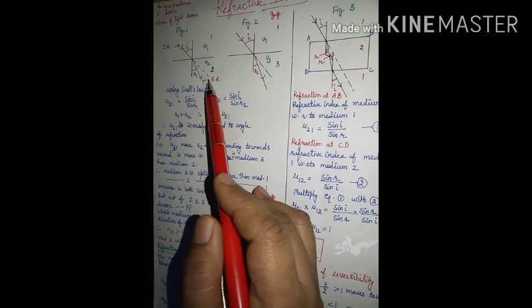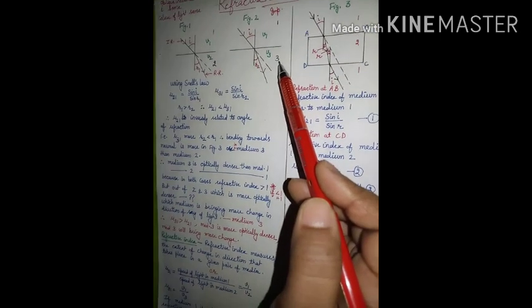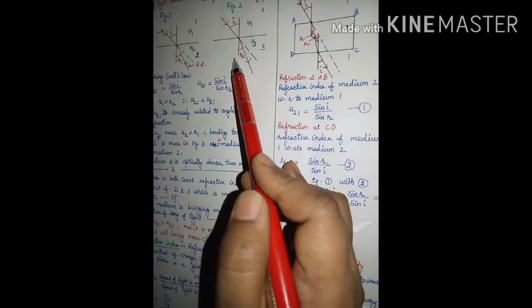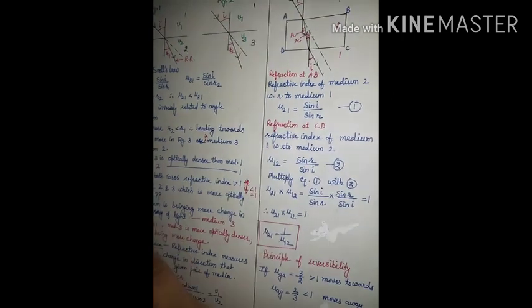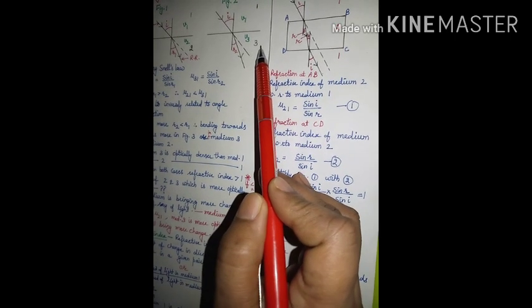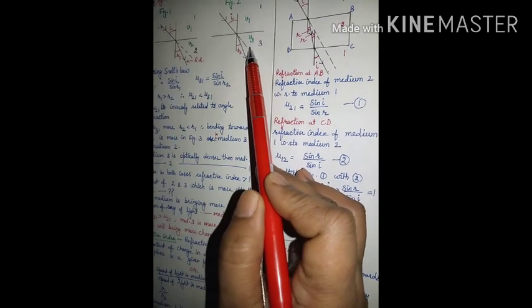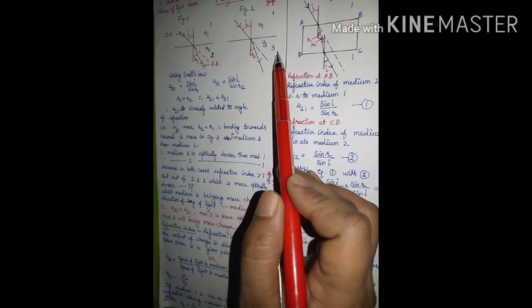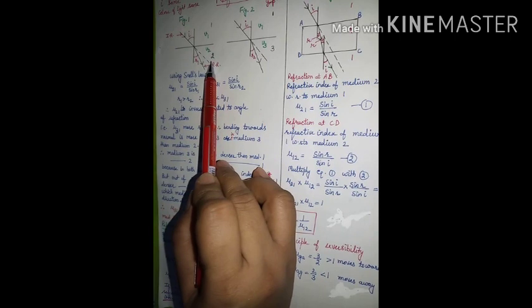We can measure which medium is capable of changing the direction of the ray of light more towards the normal. That will be more optically dense. So in this case, medium 3 can change the path of the ray of light more towards the normal. So medium 3 is more optically dense than medium 2.